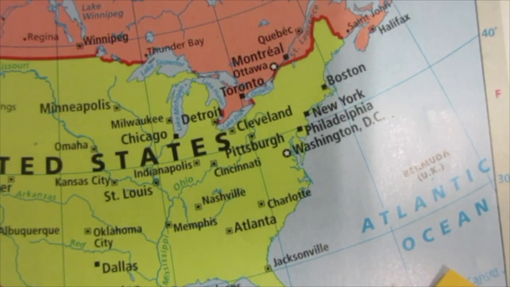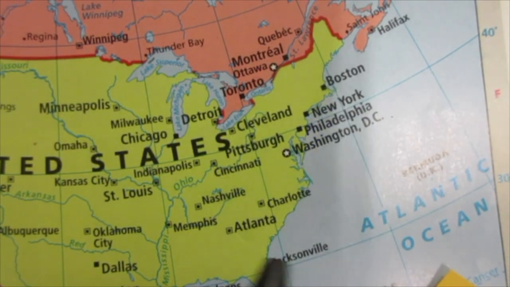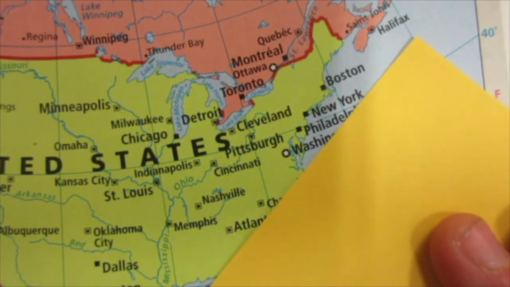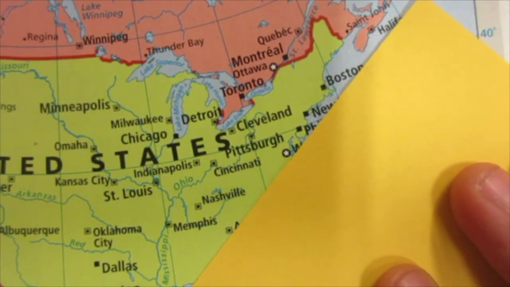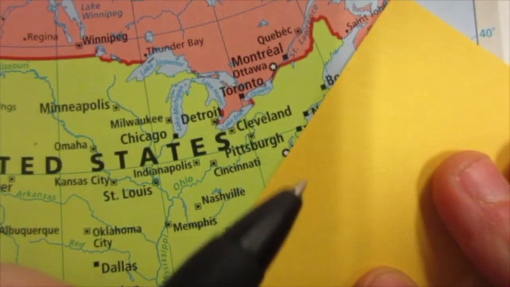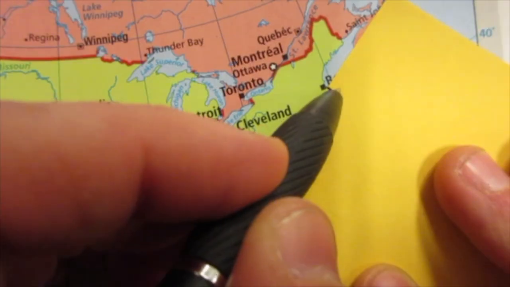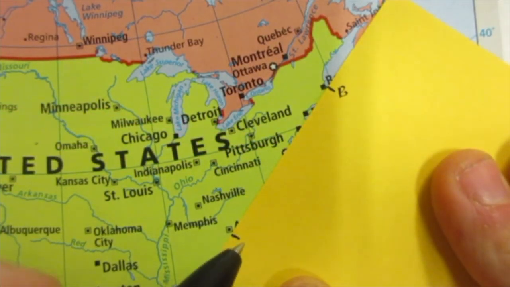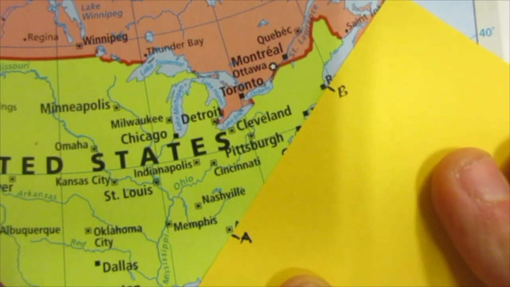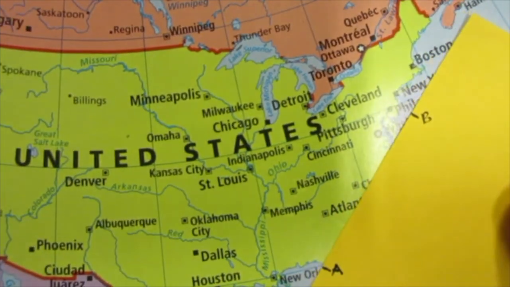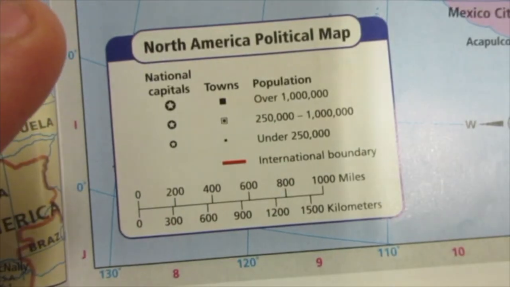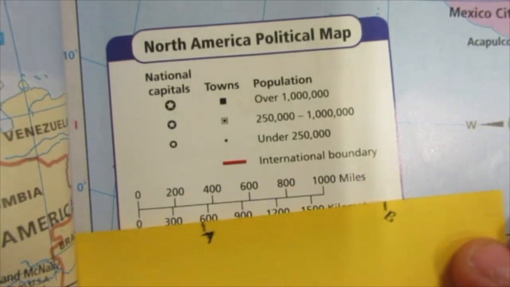Now that I've located my two cities of Boston and Atlanta, what I'm going to do to measure the distance is take this scratch piece of paper and mark where Boston is. I'm going to put a little B so I know it's Boston. And this is Atlanta. So I have those two cities. And then the next step is to go down to my legend, which is where I can find the scale.